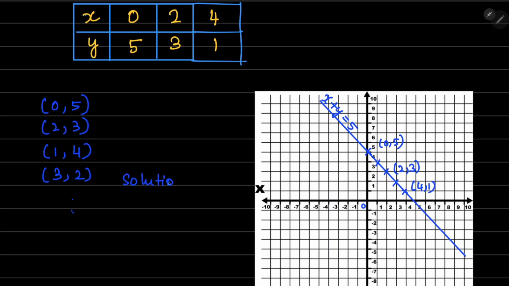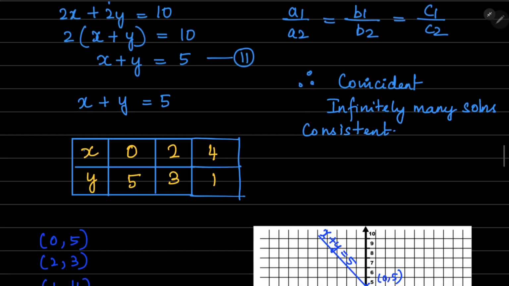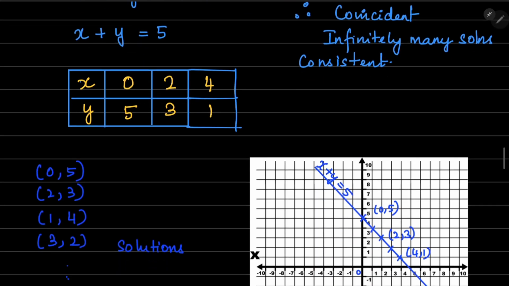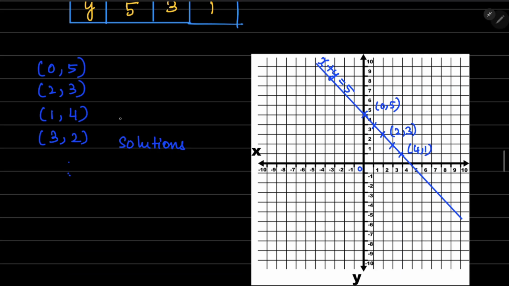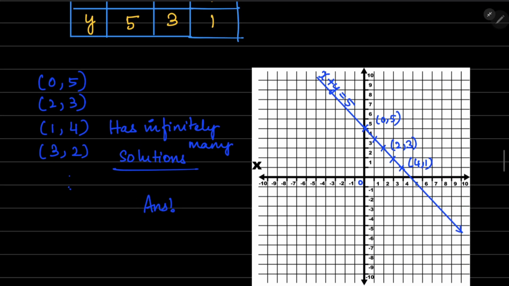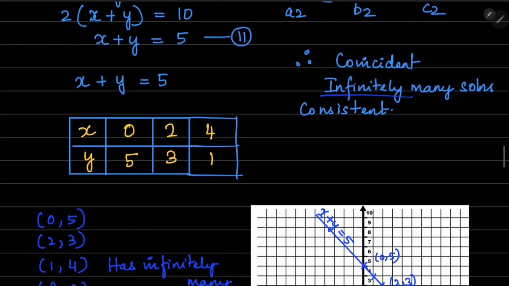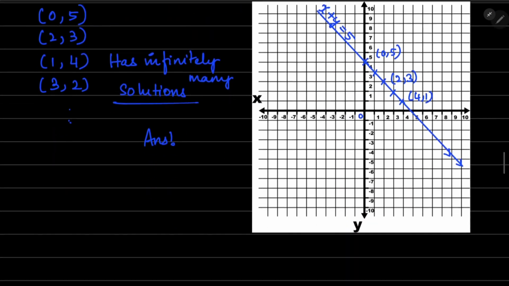These are all solutions of the given pair of linear equations. It has infinitely many solutions. Okay. This is your final answer. I hope you understood. Now let's move on to the second question.